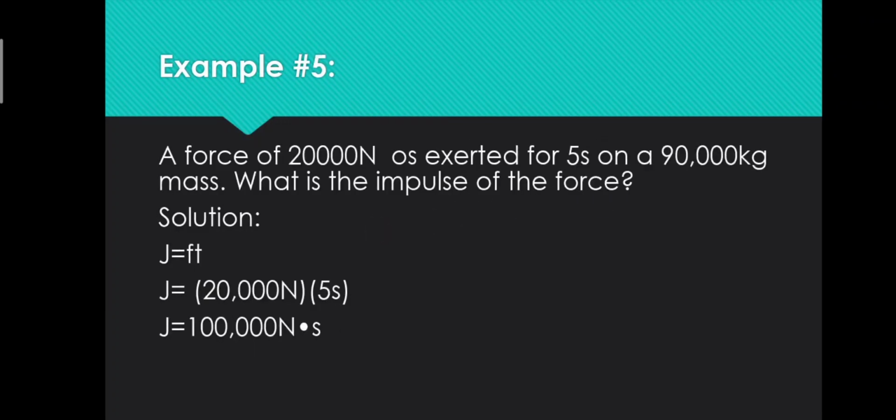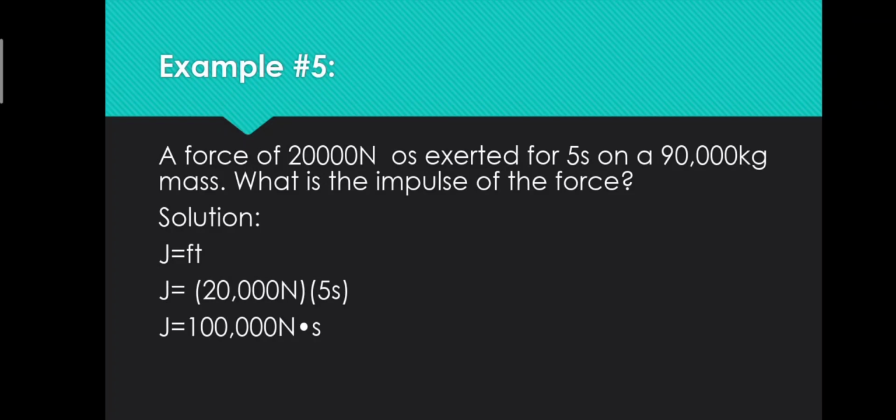Example number 5. A force of 20,000 N is exerted for 5 seconds on a 90,000 kilogram mass. What is the impulse of the force? Since the equation of impulse is J equals F times t, the average force is 20,000 N and the time is 5 seconds.